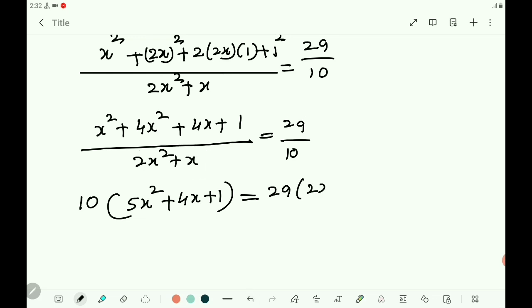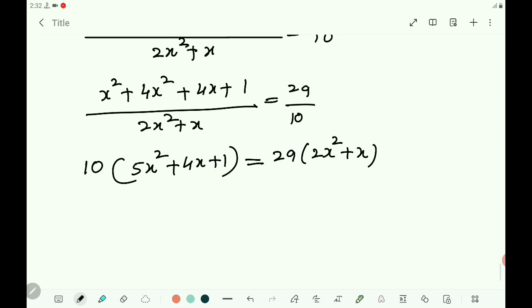Now you multiply 10 and 5x square plus 4x plus 1. It becomes 10 5s are 50x square, 10 4s are 40x, plus 10 1s are 10, equals 29 2s are 58x square, plus 29 into x, 29x.